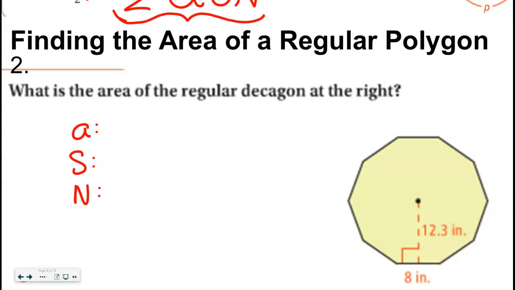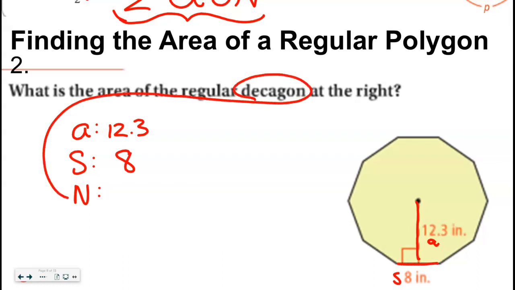So my apothem is this guy. They gave it to me, 12.3 inches. My side length is this guy, and it's 8. Number of sides is always free with the word or the figure, or if it's not, you have to count them up. But a decagon has 10 sides. So on this one, it's nice because you have everything you need.